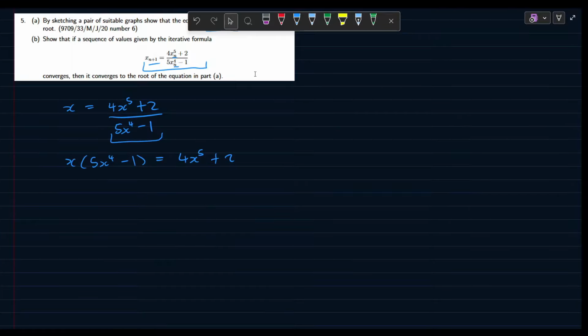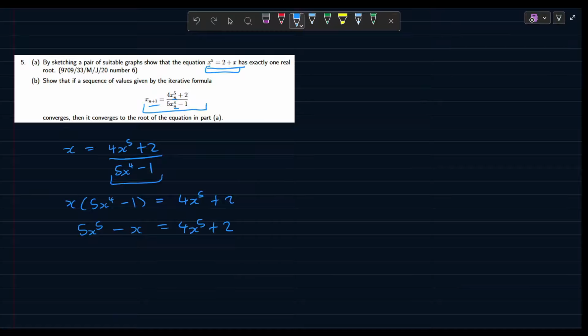So let's expand the bracket that we have on the left. x times 5x to the 4, that's 5x to the 5, x times -1, that's negative x, equals 4x to the 5 plus 2. Our goal here would be to make x to the 5 subject of the formula. So let's put all the terms that have x to the 5 on the left and everything else on the right.